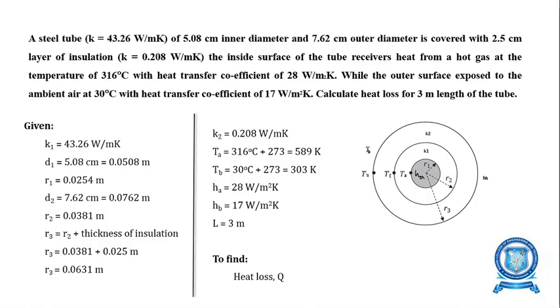To calculate the heat loss, we have to find the value of Q for the length of the tube given, L is equal to 3 meter. If the length of the tube is not given in any problem, you can consider it as unit length. Heat loss Q is what you are going to find.